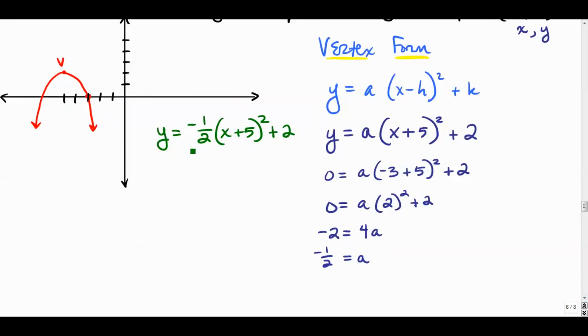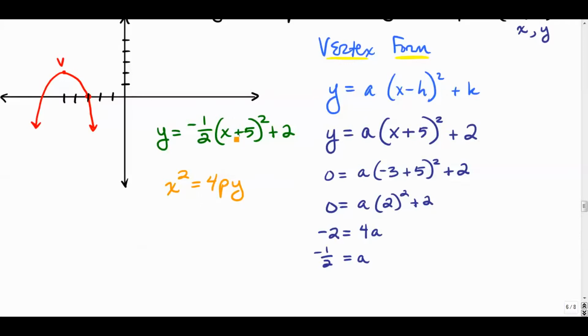Once we have it in this format, we want to start thinking about our p value. If we're dealing with a parabola that has an x squared term, to get our p value, we're going to be looking for the x squared term to be by itself, and then the p value will be calculated from the coefficient of whatever y is.